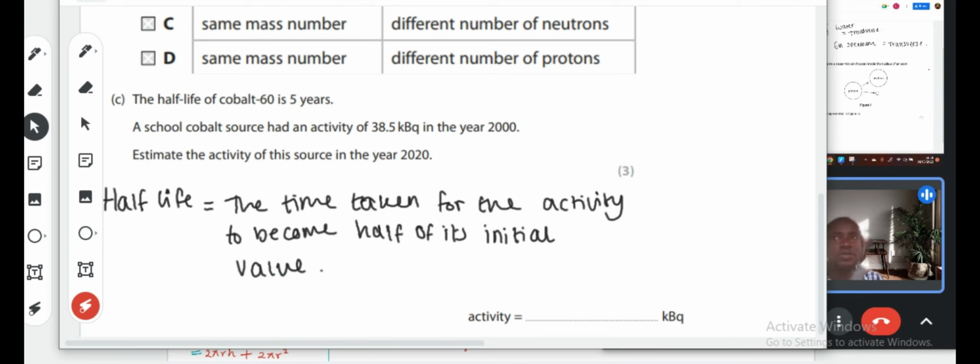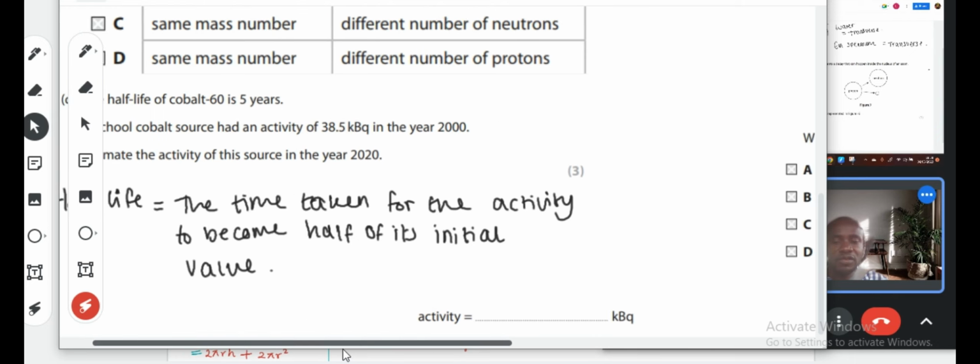You can also define it in terms of undecayed nuclei. So it's also the time taken for the number of undecayed nuclei to become half of its initial value. Just put it in bracket: the time taken for the activity or the number of undecayed nuclei to become half of its initial value.